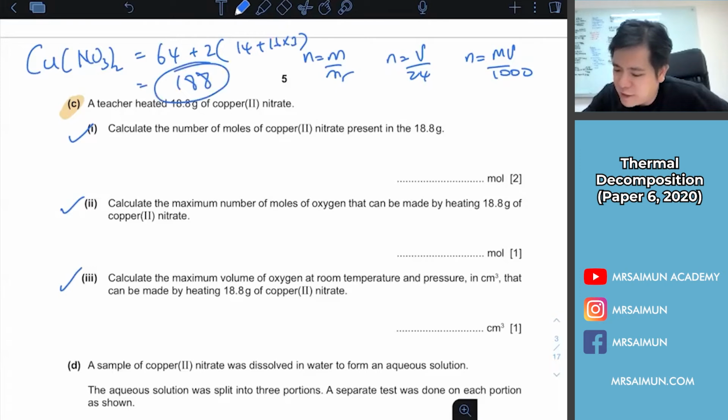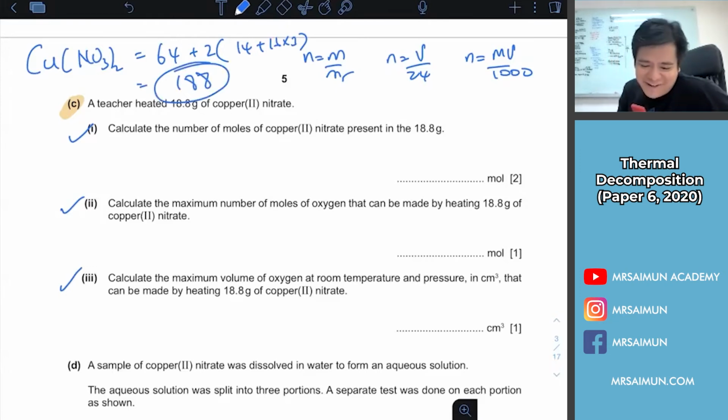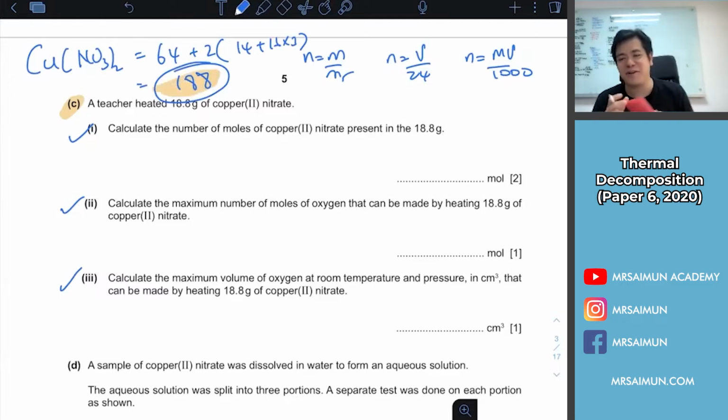Copper nitrate is 188. If you get this wrong, one whole question is gone already. In your school, your teacher will mark you all wrong, but in the IGCSE, they will say error carried forward.